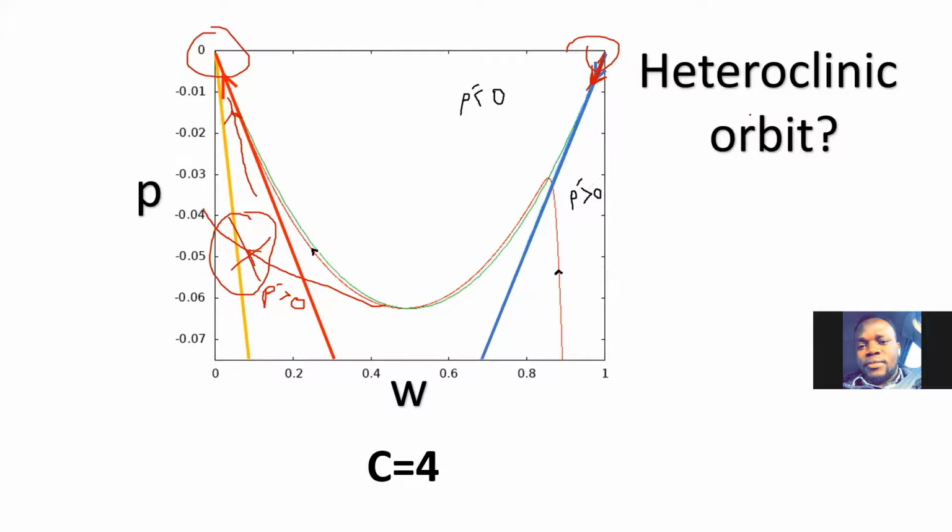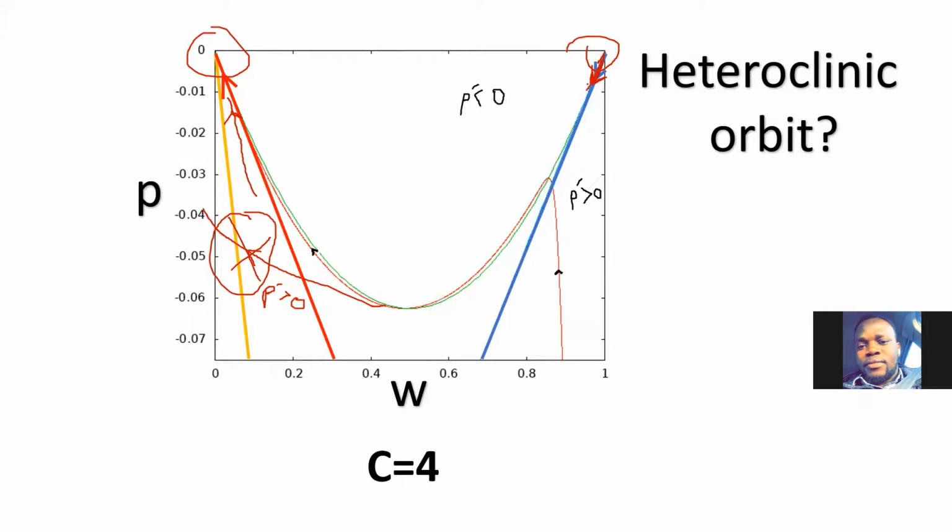All right. And so I have a theorem that ensures that a trajectory exits from the stationary point 1, 0. This is because I have a saddle node.